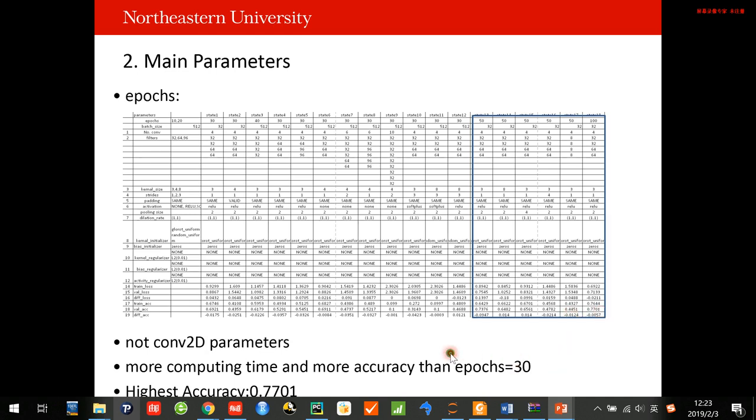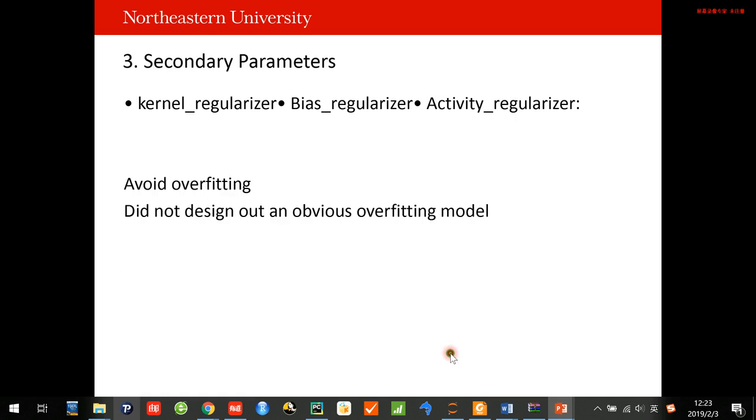Moreover, we consider some secondary parameters: the kernel regularizer, the bias regularizer, and the activity regularizer. But we couldn't successfully draw out obviously overfitting models, but the parameters can reduce overfitting.